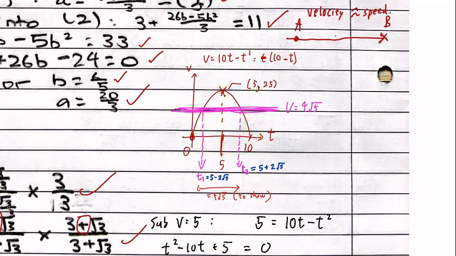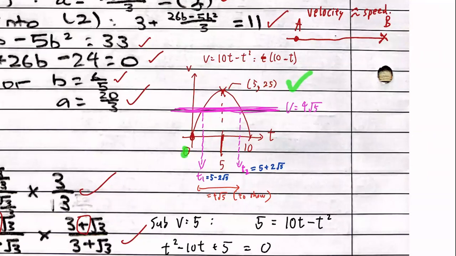The t equals 5: 0 plus 10 divided by 2. Yes, correct. Okay, then t equals 5. So what do you do with t equals 5? You've got a formula here. Exactly, sub in, and then you get your 25: 10 times 5 minus 5 squared. Okay, you get 25. So far, okay?